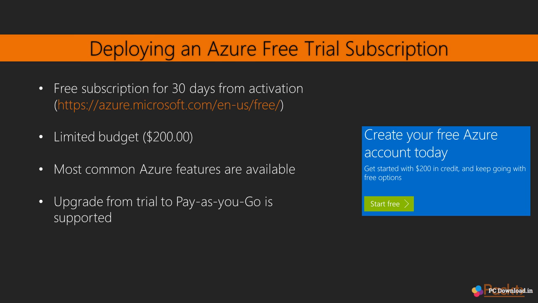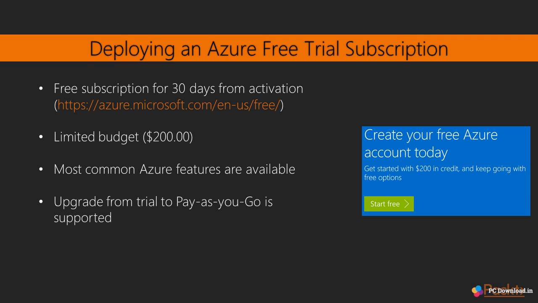Now, when you want to deploy an Azure trial subscription, there are a couple of things to keep in mind. First of all, it's valid for 30 days from the day of activation. It has a limited budget, although limited is maybe a little exaggerated, but a free trial subscription gives you a maximum monthly 30-day budget of $200 US, which is close to 170 euro.